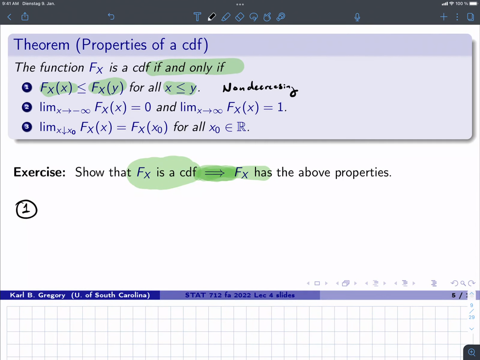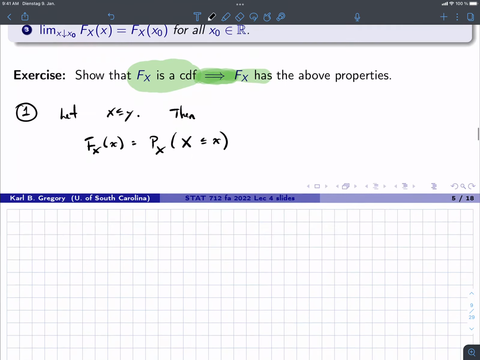So how can we prove that it's non-decreasing? If we take 2 values, little x less than or equal to little y, this is the probability that the random variable x is less than or equal to little x.